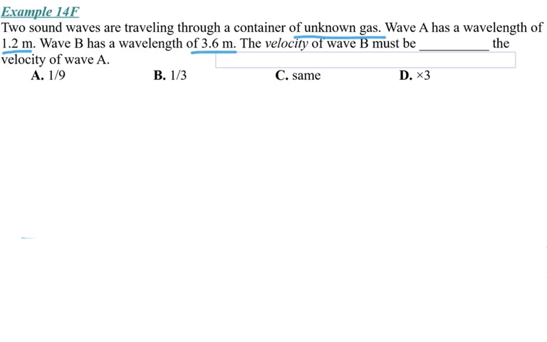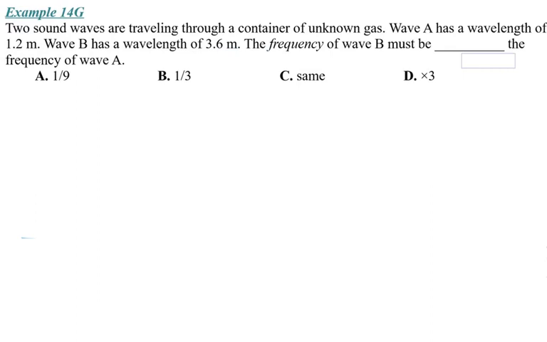The velocity of wave B must be blank the velocity of wave A, because velocity depends on the medium and they travel in the same container. They have the same velocity in the same medium because they are 2 sound waves, and sound waves will travel in the same medium at the same speed.